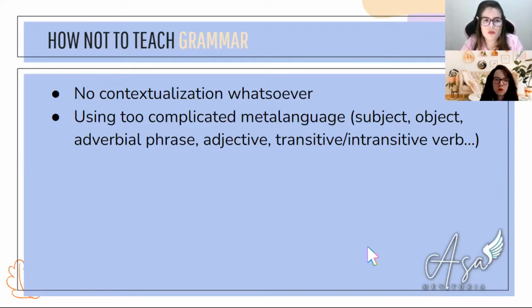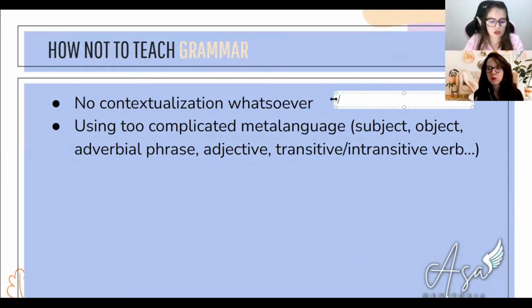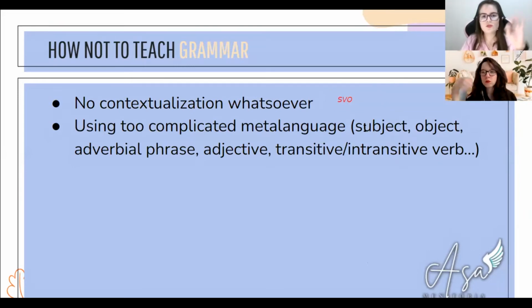And I showed him this order that the English structure has. We have this structure in English, the SVO structure, subject, verb, object. After I showed it to him, I told him, so the subject is who does the action, which means this is the person or the thing that comes before the verb. On the other hand, the object is who receives the action. So it comes after the verb.